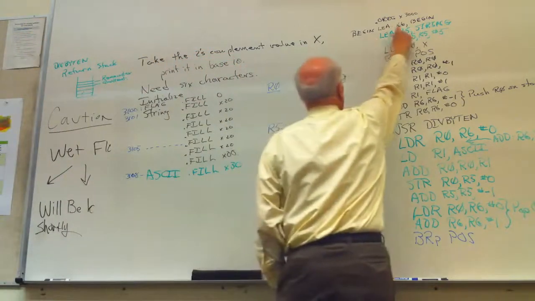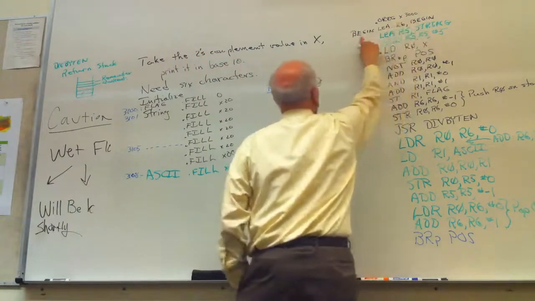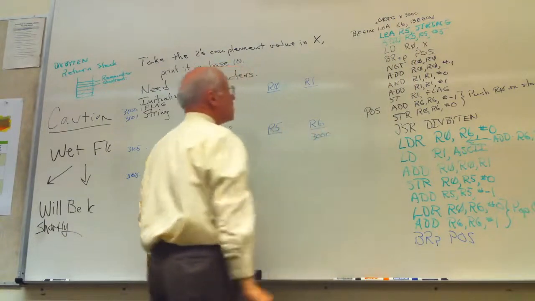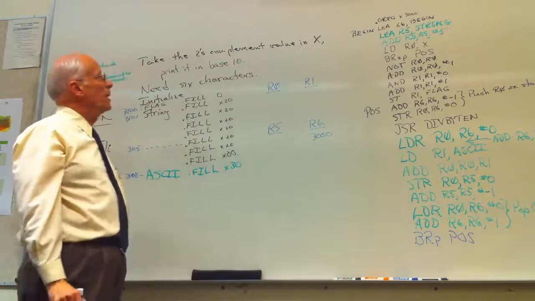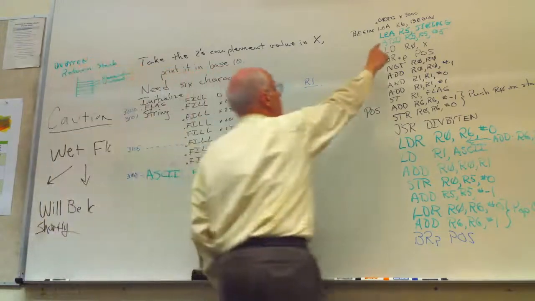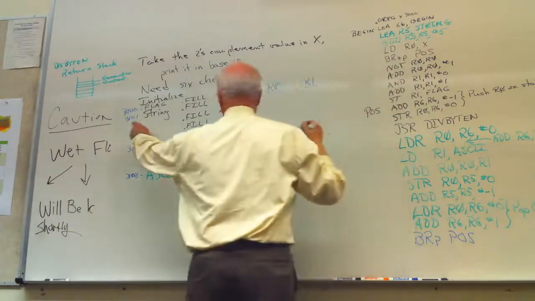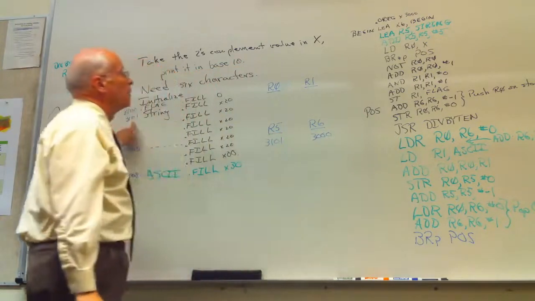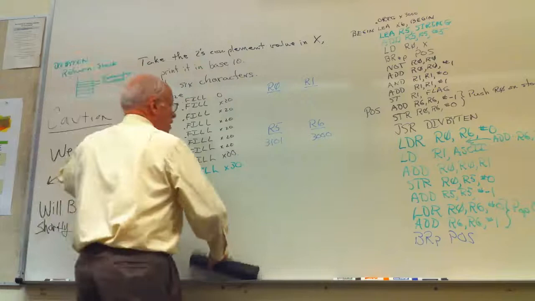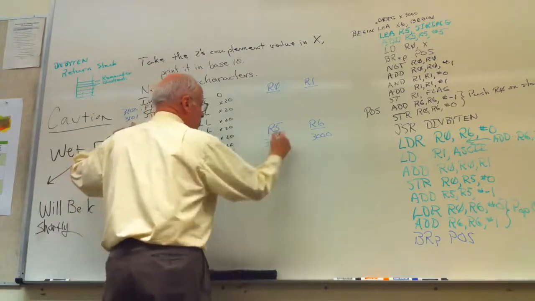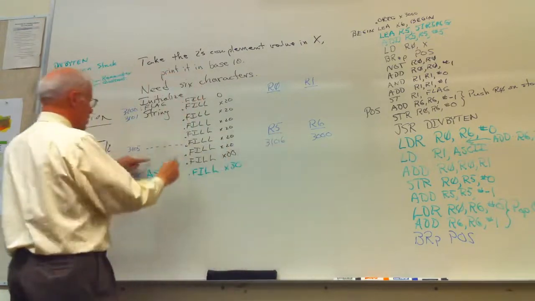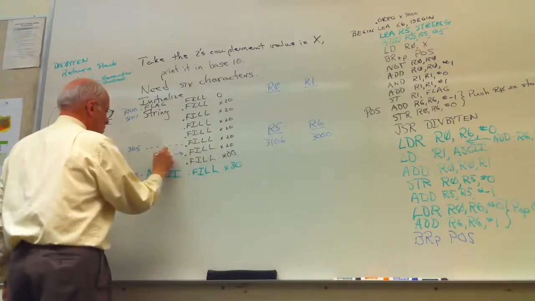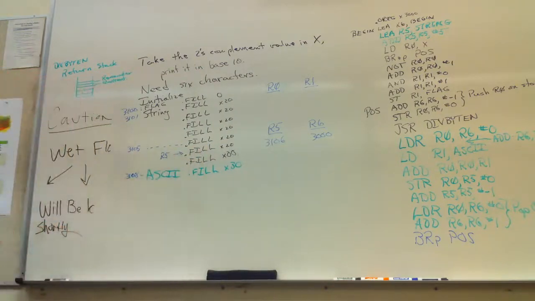Well, here we load register 6 with the address of begin, which is 3000. Then I load register 5 with the address of string, which is 3101. And then I add 5 onto that, which gets me at 3106. That's this one right here. Okay, so there's register 5.